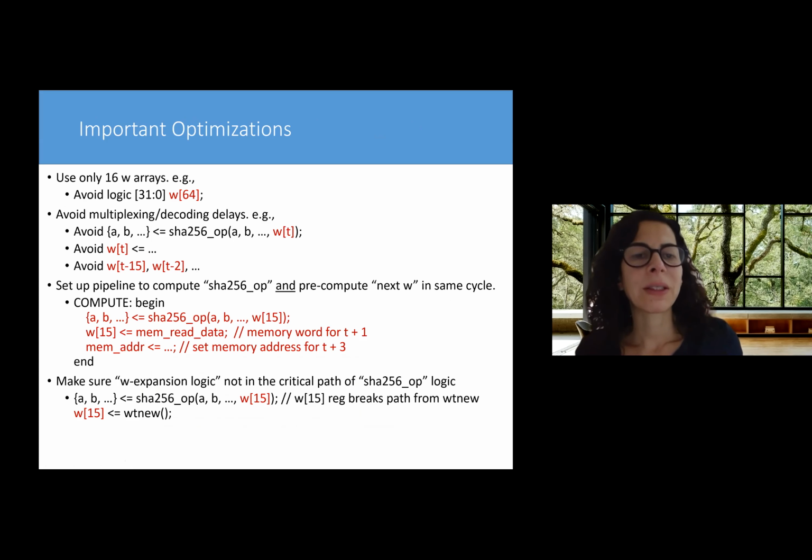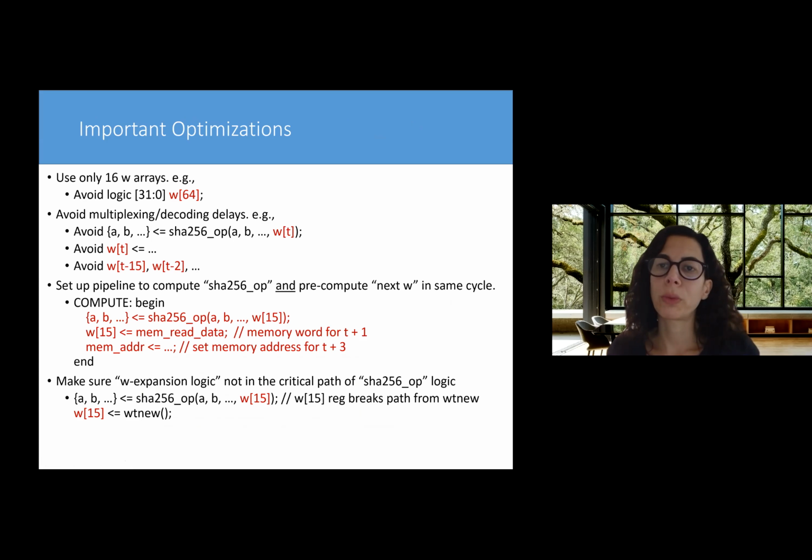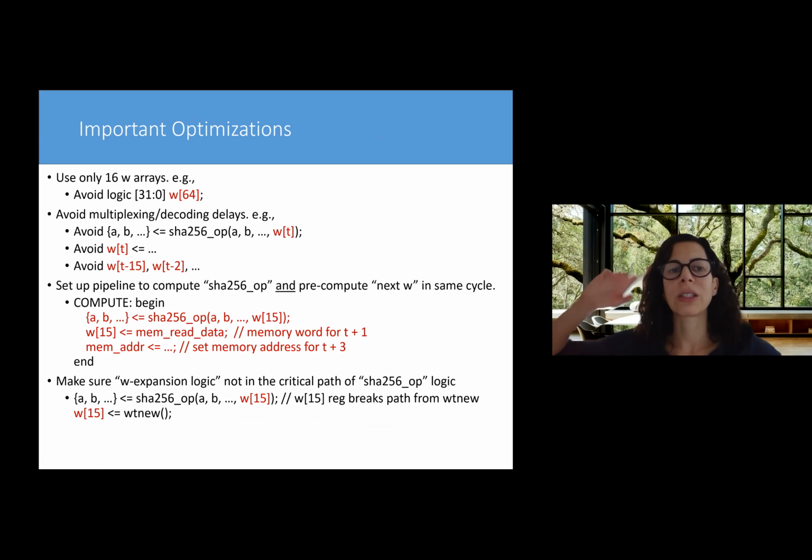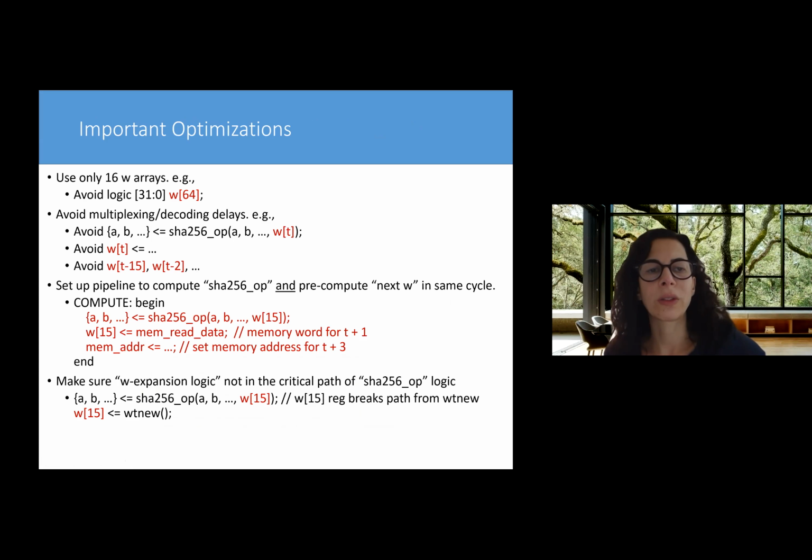Now, last but not least, and something we will go through in the next slide set, is making sure that we don't have this huge WT array all instantiated. One way to do it is to have a very inefficient design, where you have these 64-bit words, and then you have 64 bits in the memory, and each of them is a 32-bit word, and then you try to do this.